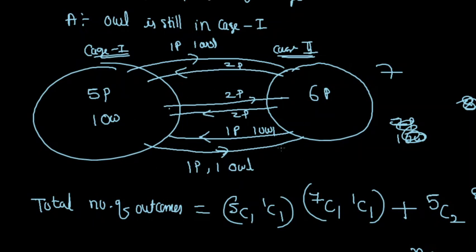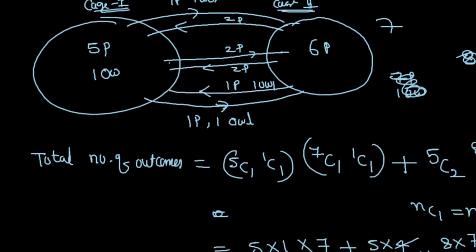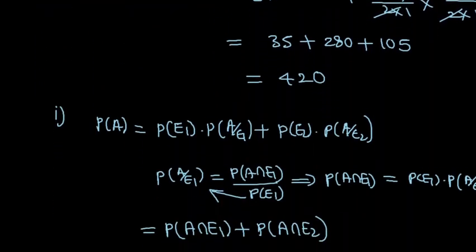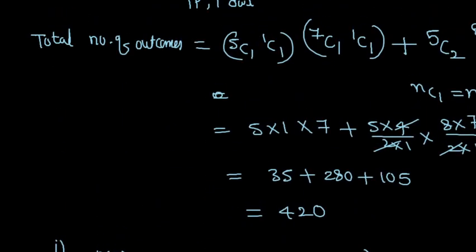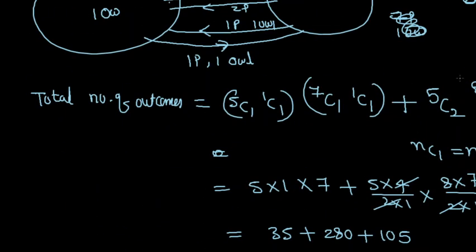Case 1 is one parrot and one owl went and came back. What are the favorable cases? The probability of A, the owl staying in cage 1, under the E1 case. E1 is one parrot and one owl went.